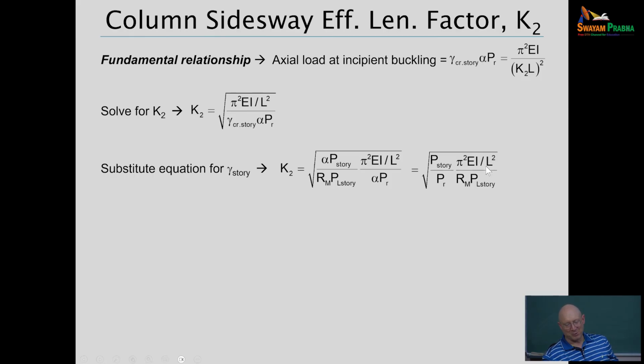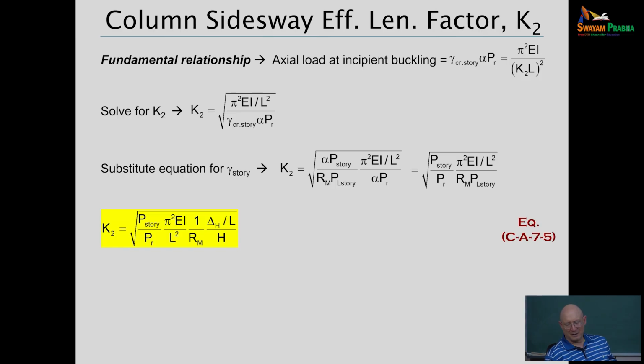We've got a pi squared E over L squared. That's just the Euler load for that column length. We've got an RM P story. That's the story elastic side sway buckling load. If you have those, you can calculate the individual column K2.